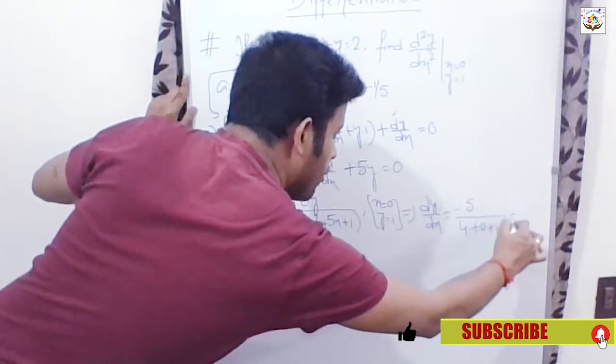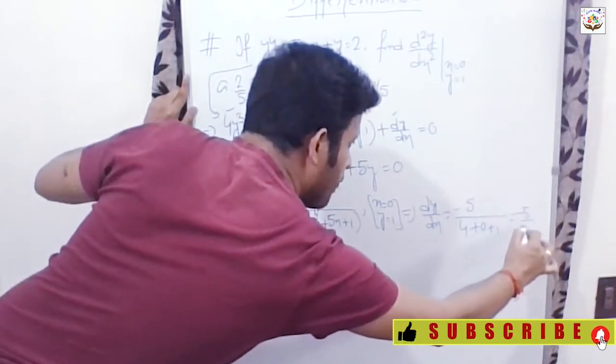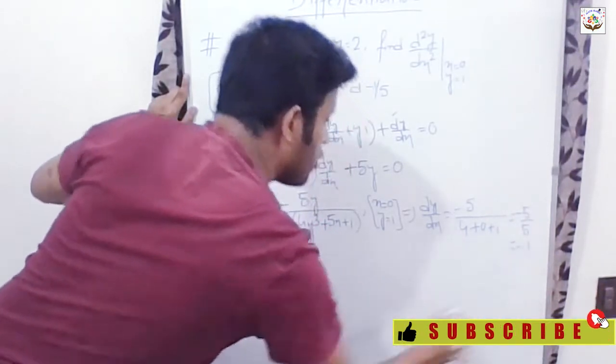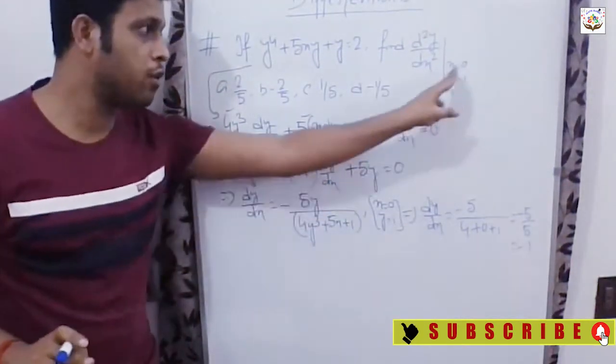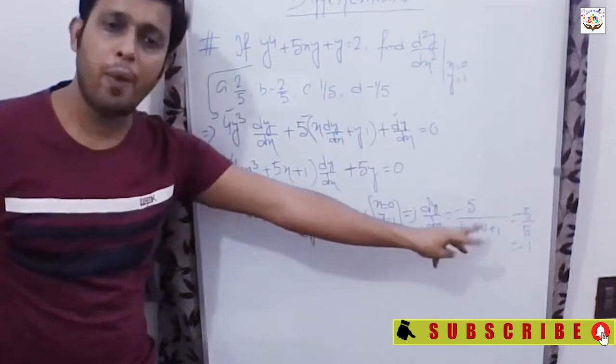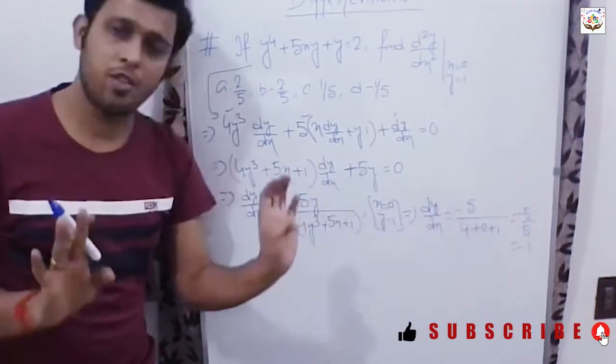So that means it will be minus 5 by 5 equals to minus 1. So we got dy dx at x equals to 0 and y equals to 1 would be minus 1. So keep that value as of now.